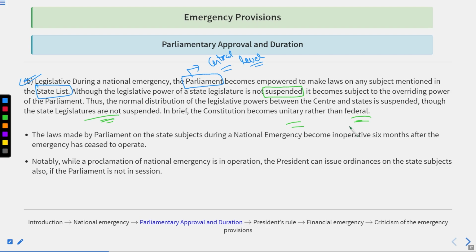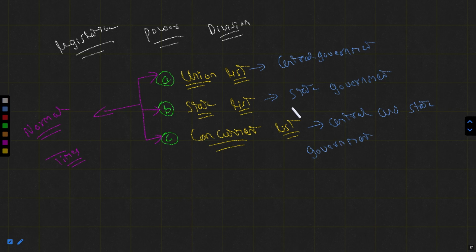What does it mean? It means that suppose there is a matter of the state government, for example, if we talk about the state list, there is the matter of police, public health, entertainment. For example, suppose the central government takes up the matter of policing from the state list and makes some law.